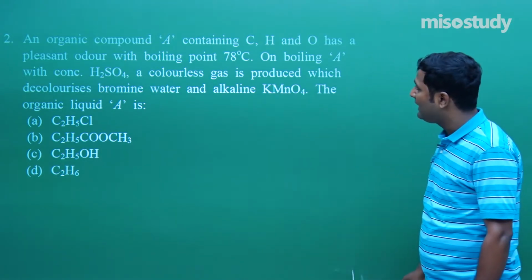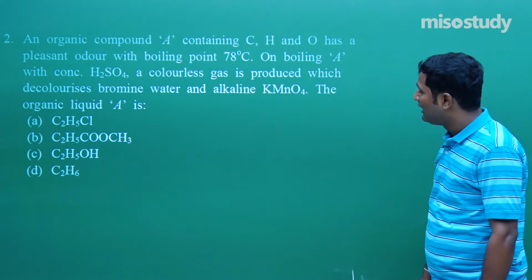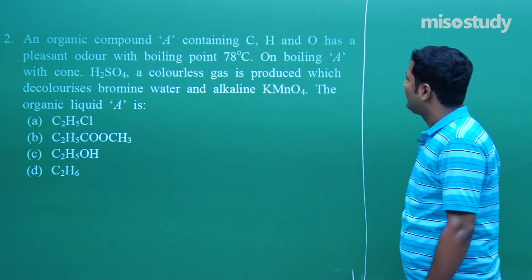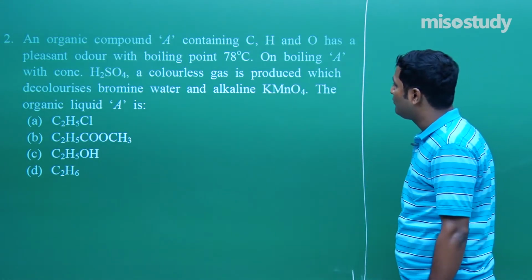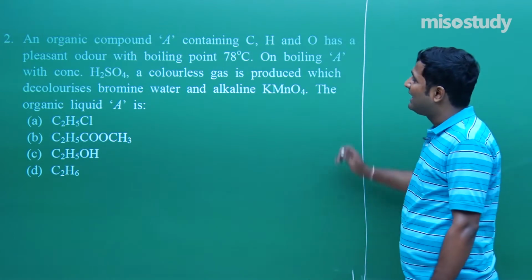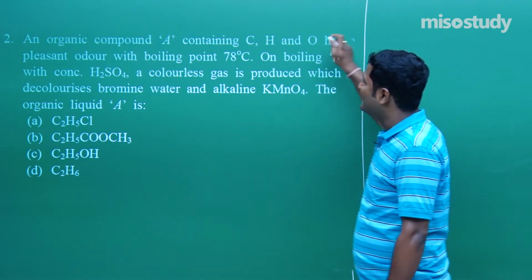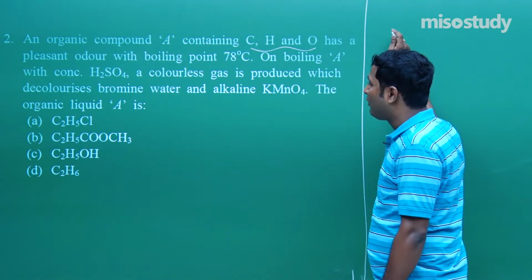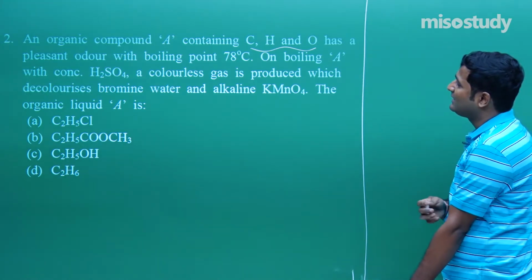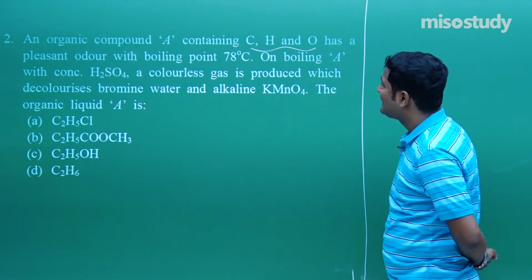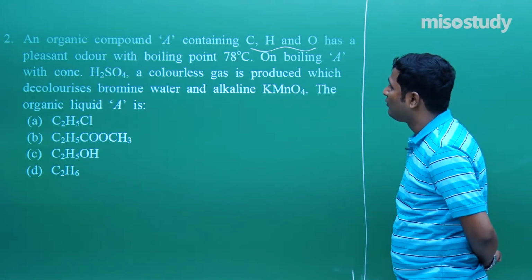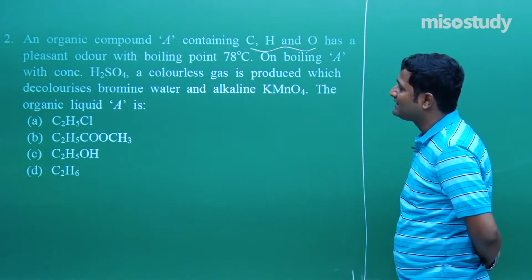On treating A with concentrated H2SO4, a colorless gas is produced which decolorizes bromine water and alkaline KMnO4. The organic liquid A is, tell me, what will it be?